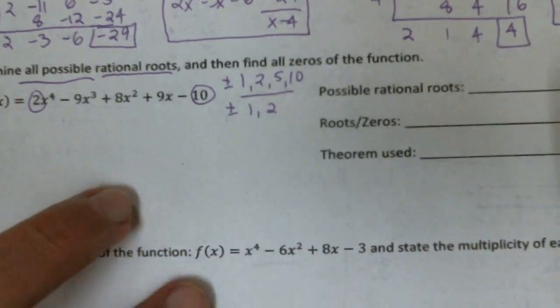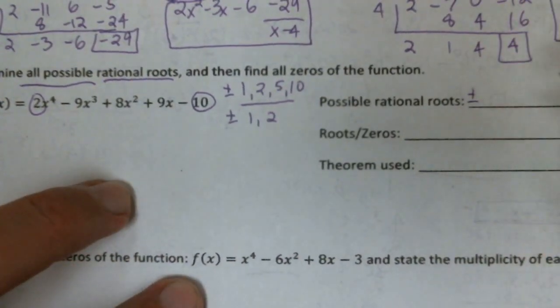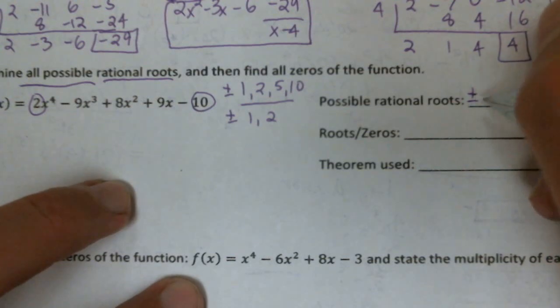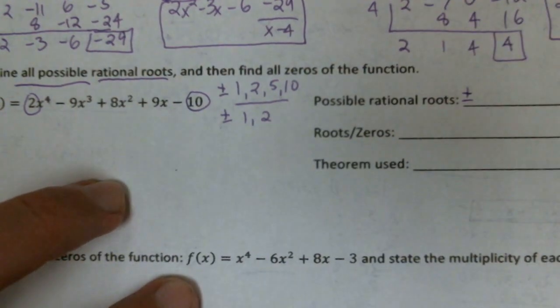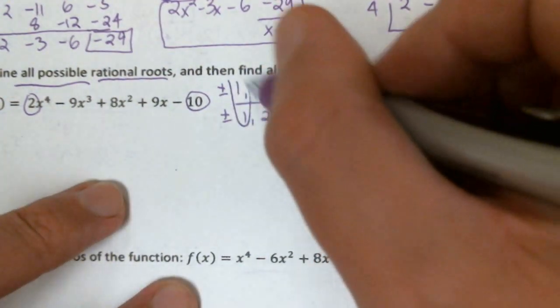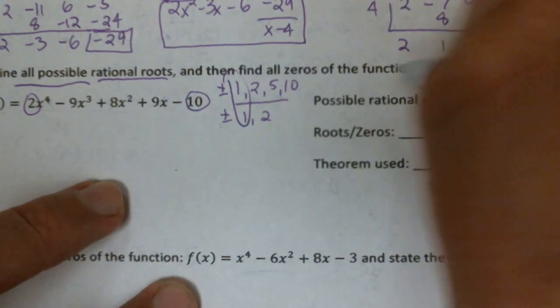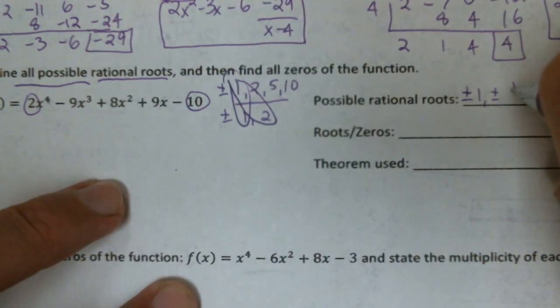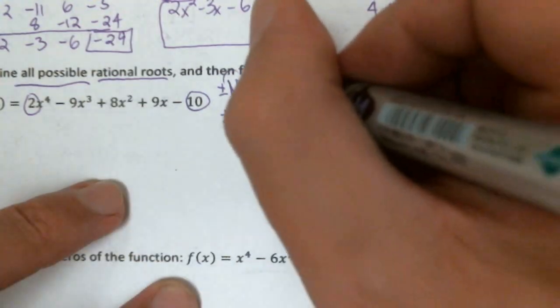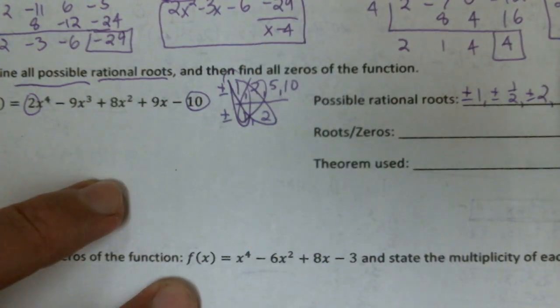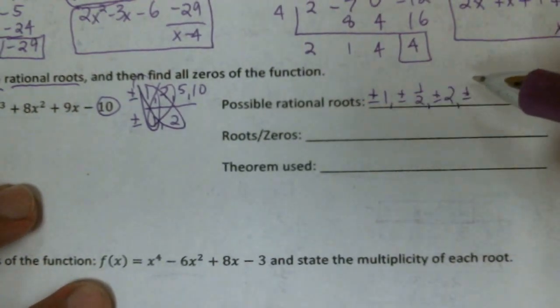So my possible rational roots are going to be plus and minus. You can just write plus or minus once for all of them, but I'll separate it. 1 over 1, plus or minus 1 over 2, plus or minus 2 over 1, plus or minus 2 over 2 is 1. I don't need to write that again, I already have the 1.